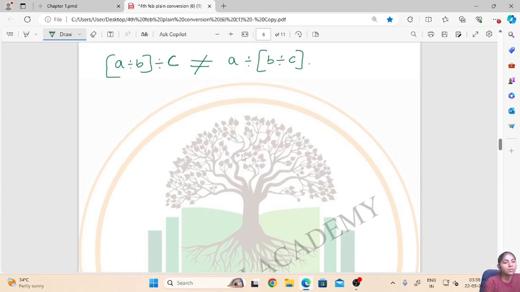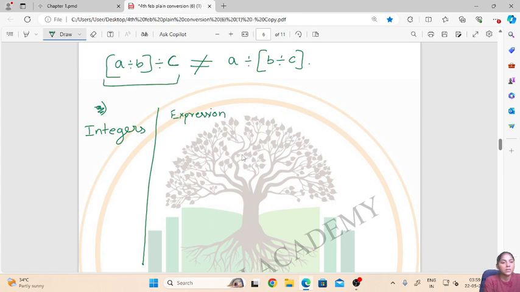So we have first example as, we'll make the column like we had made in the last class. So first we have integers, then we have expression 1, which is a divided by b divided by c.